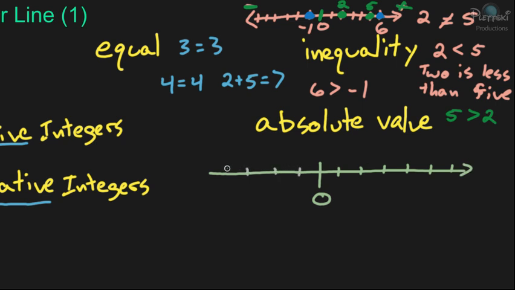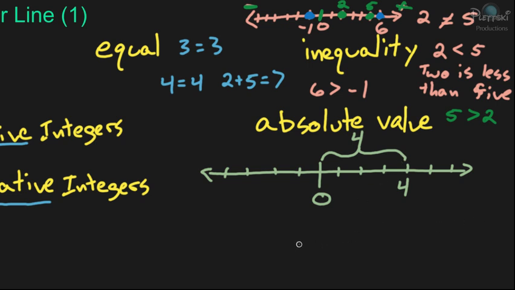So what that means is that the distance away from 0 of 4 would be 4. Right? If you're measuring a distance, you don't measure it positively or negatively. It's always going to be positive.